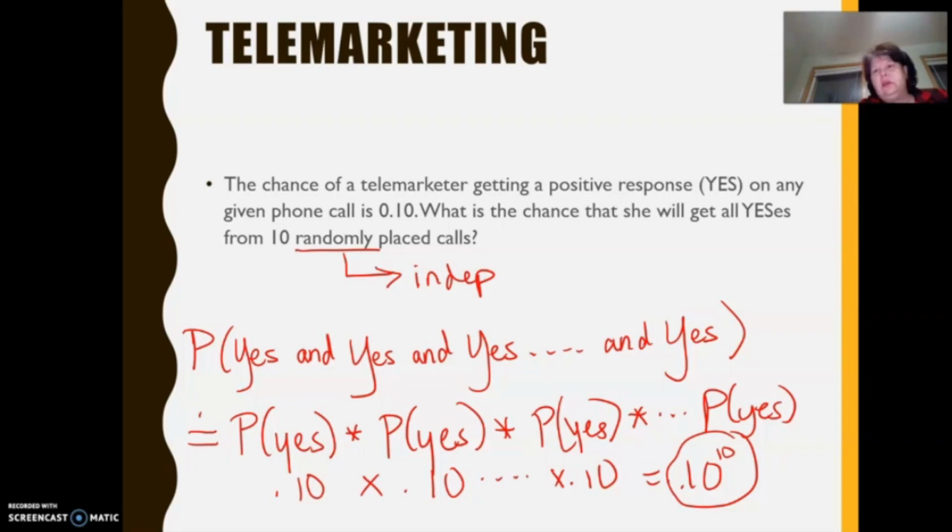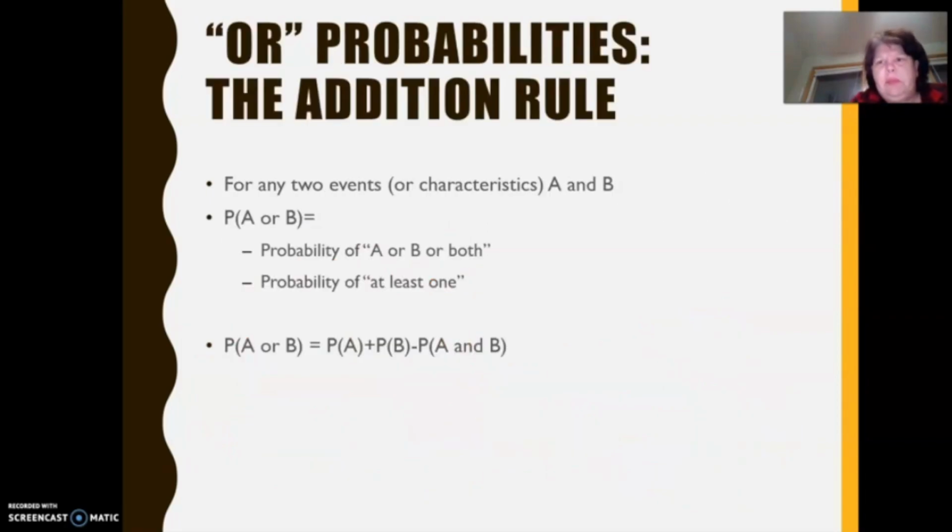So that's how you can use the multiplication rule when you have independence and a lot of events happening.